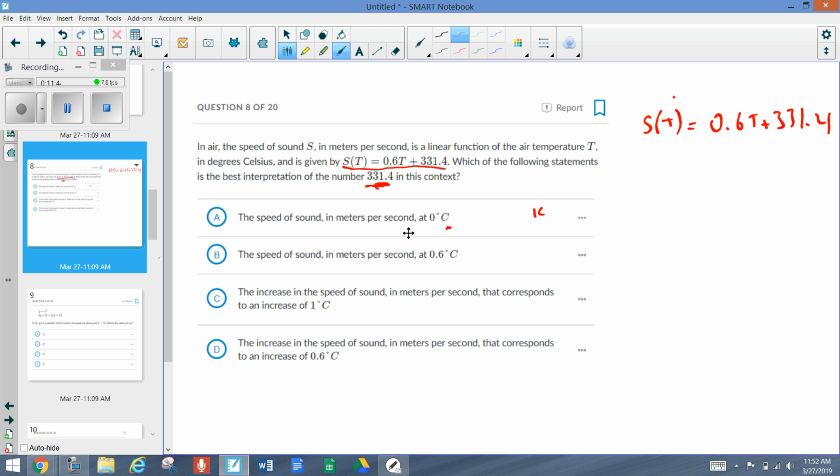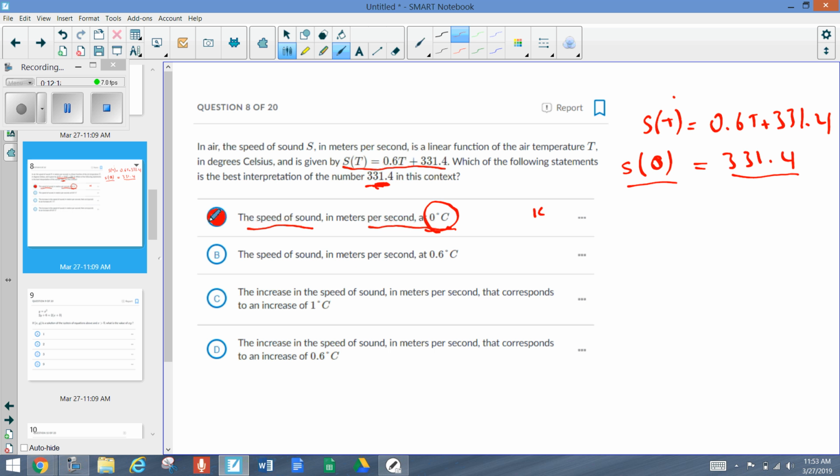Okay, we're talking about 0 degrees Celsius. Just plug it in. What is the speed when the degree is 0? T is equal to 0, right? 0 times anything will be equal to 0. So the speed of sound when it's 0 is 331.4.